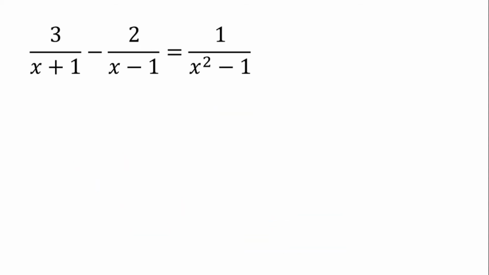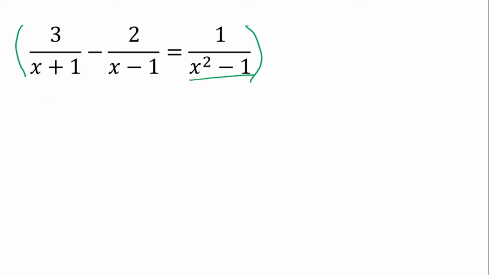Alright, next item. Okay, let us solve this rational equation. Again, what is the LCD of this one? To get the LCD of this one, let us first factor x squared minus 1.